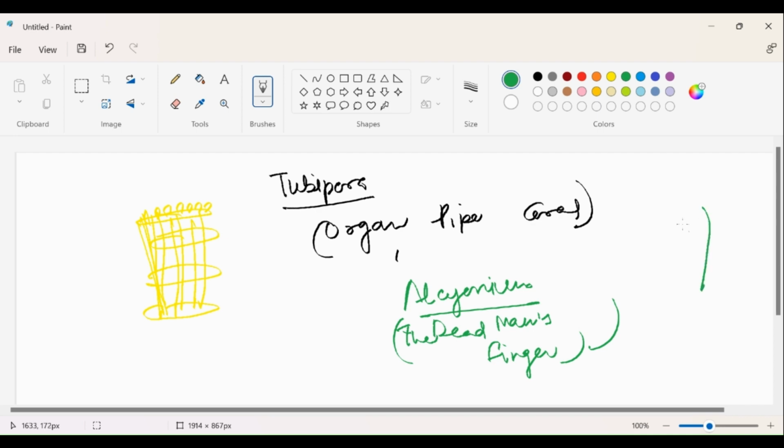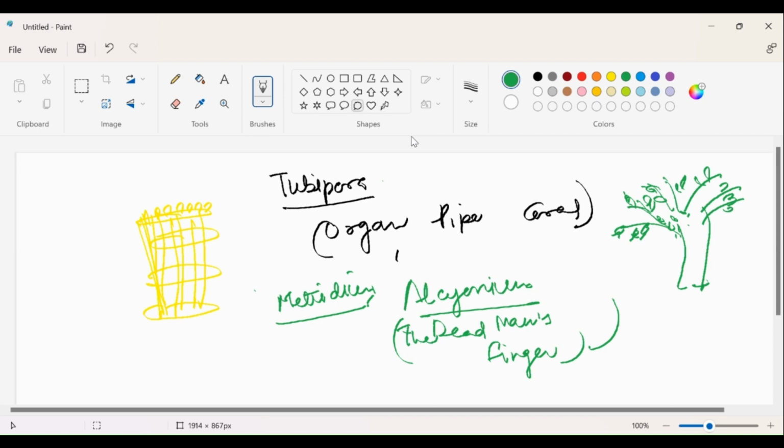It has a thicker trunk, and then many branches that bear pores and the polyps over them. Another very common example is Metridium. The common name is sea anemone. So that is all about the classification.